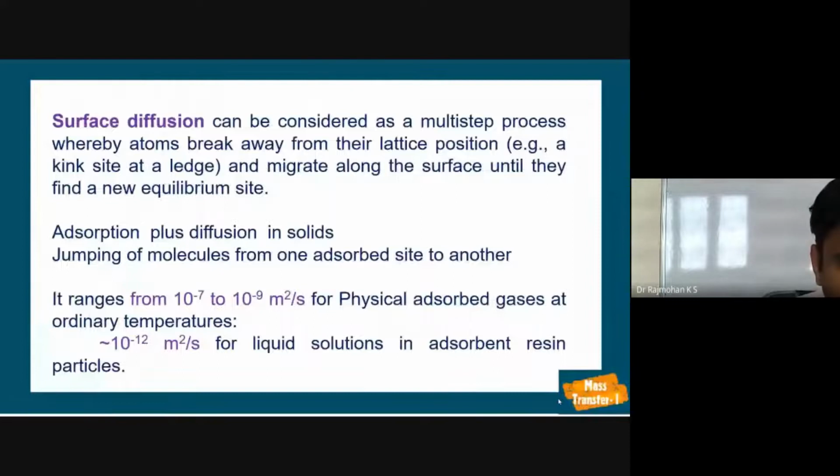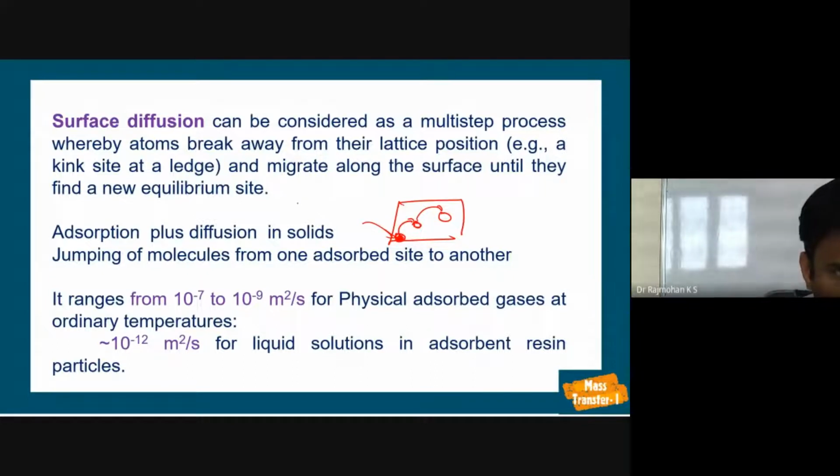If you look at surface diffusion, it is like on the surface of the solid, you have an adsorbed molecule. As I said, hydrogen or oxygen gets adsorbed to the surface. So on the surface, it will jump from one place to another place. So this we are talking about in case of solids.